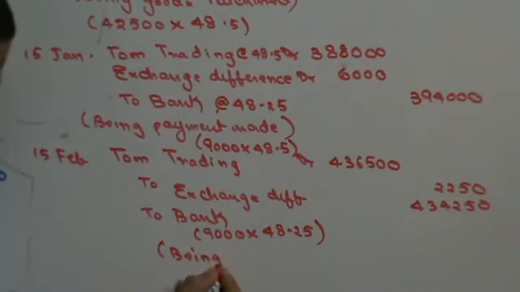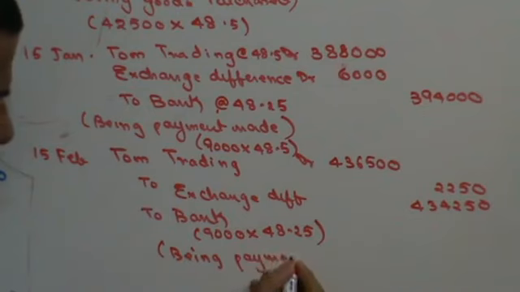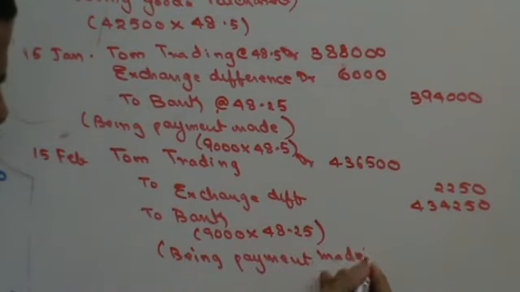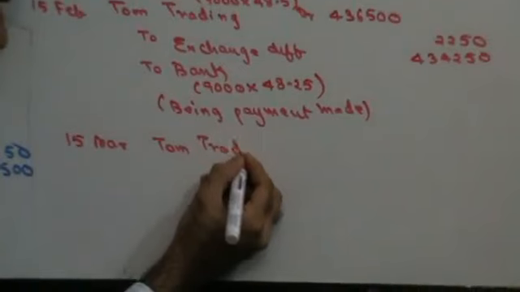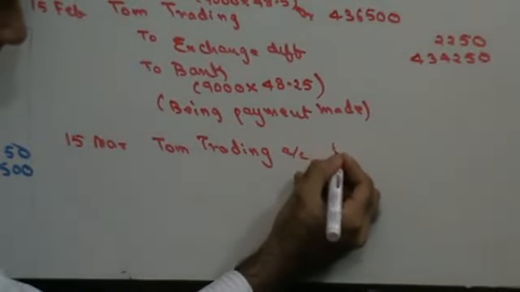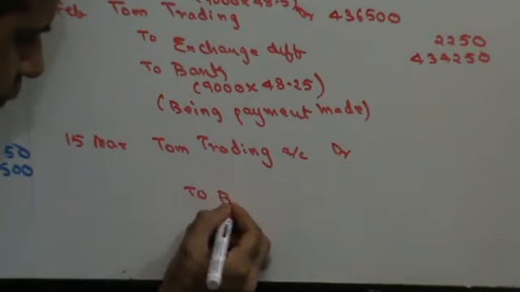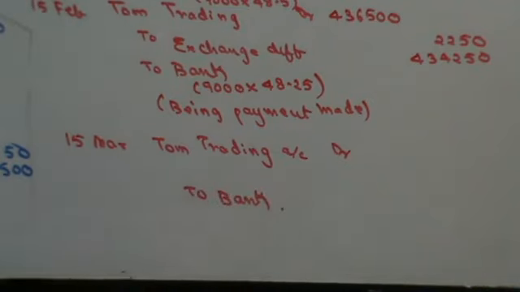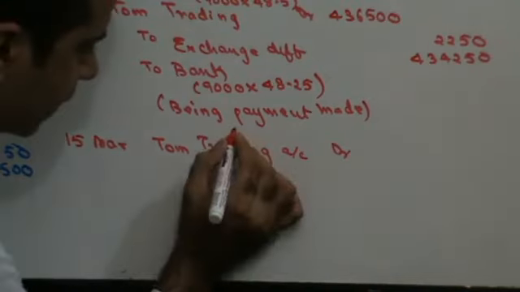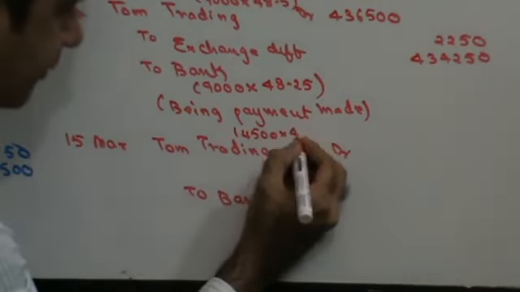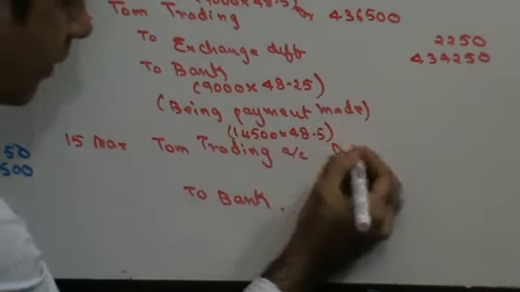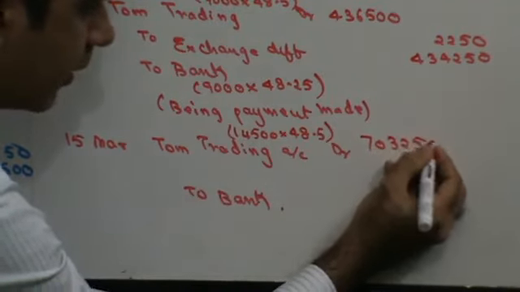Next, the next payment is on 15th March. Being payment made. Tom Trading account debit to bank. Your payment is on 15 March, $14,500 at the rate of 48.5, 7,03,250.